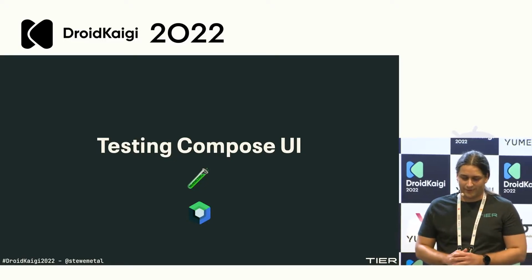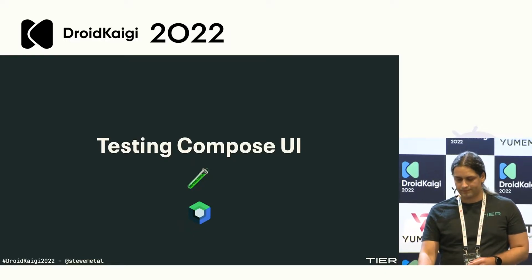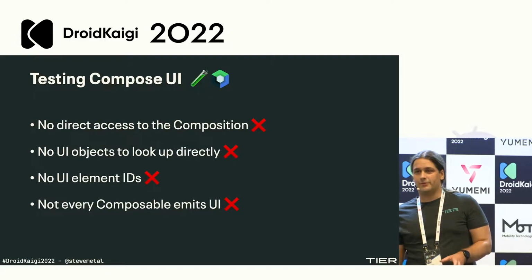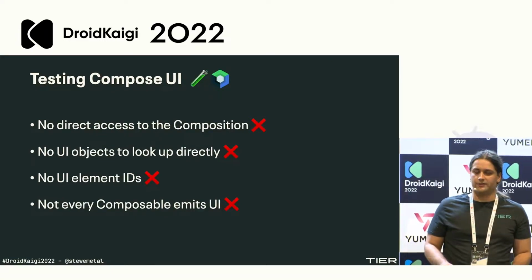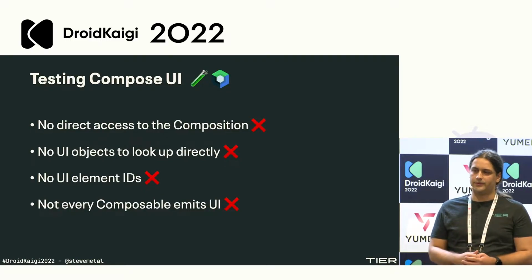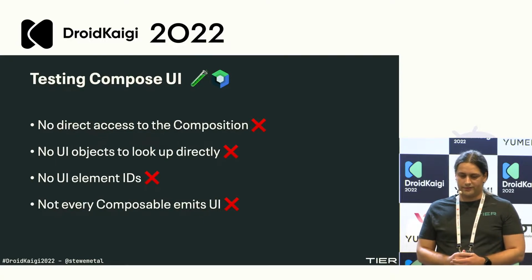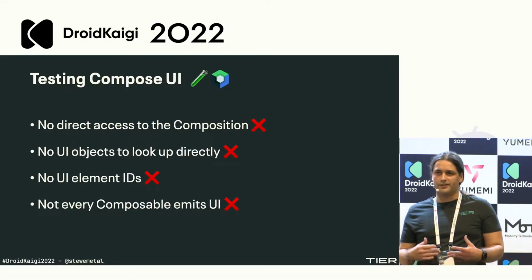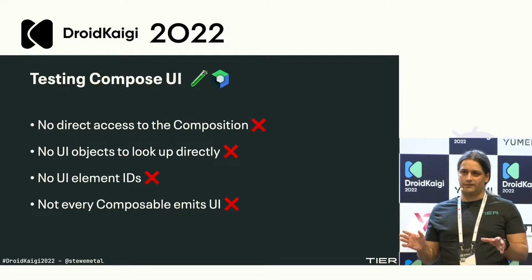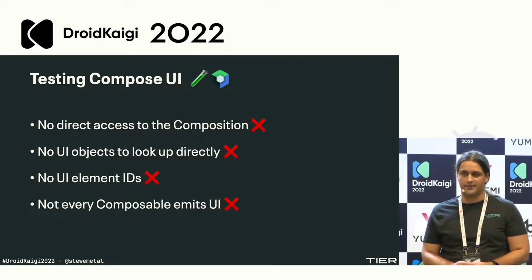Okay, so let's see how that works in Compose. With Compose, we don't have direct access to the composition. We don't have direct access to the UI elements emitted into the composition tree. So that's what we have to think about. There aren't UI objects that we can manipulate. We have only functions that we can write that will emit those UI elements.